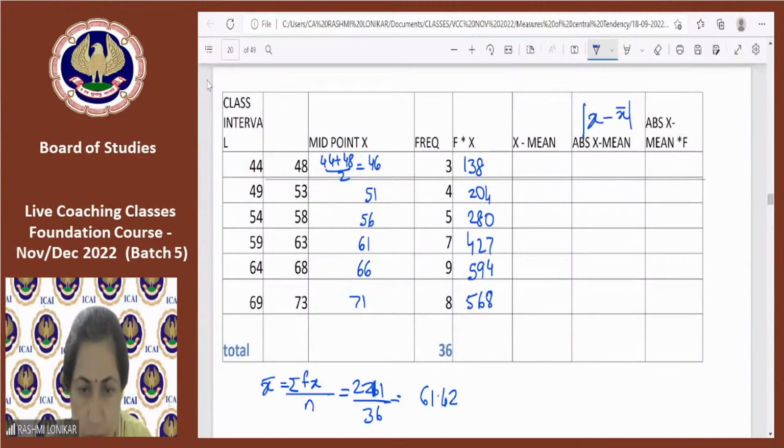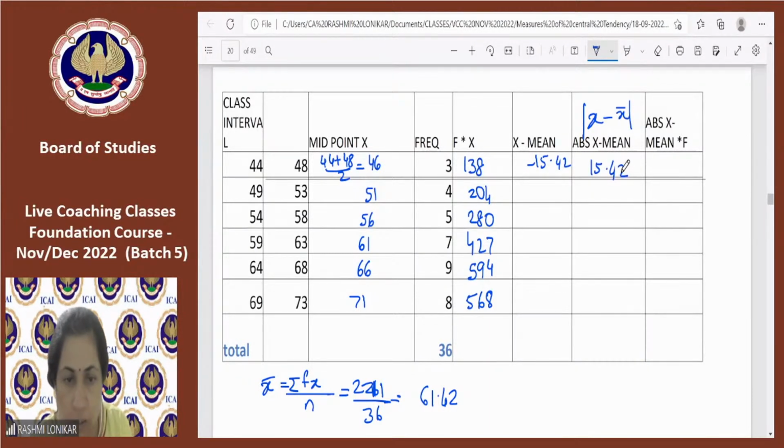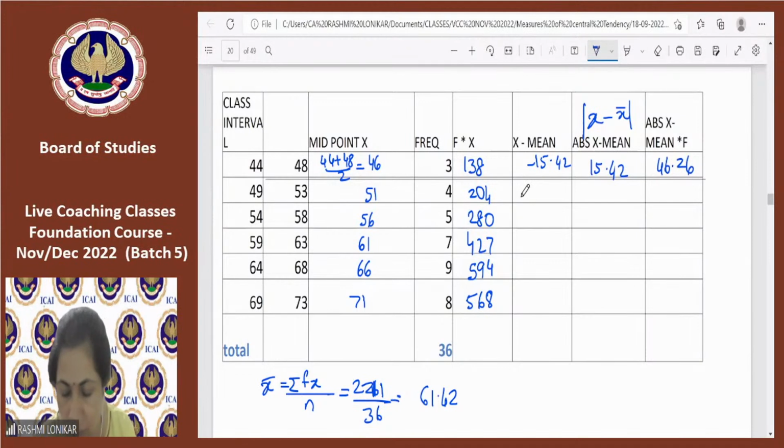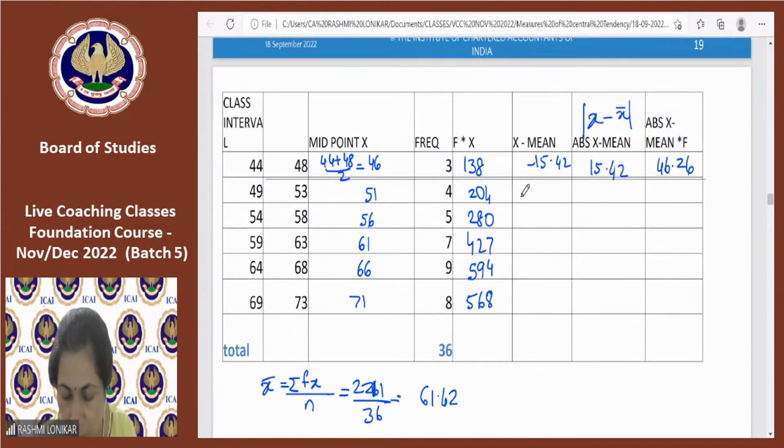So this is minus 15.42, which becomes 15.42 because now I am finding the absolute value, into what is the frequency? 3. So this is 46.26. Now for 51, it is 51 minus 61.42, 10.42.